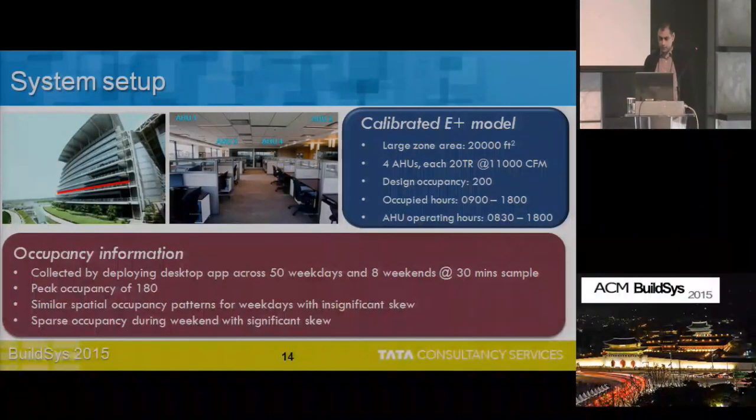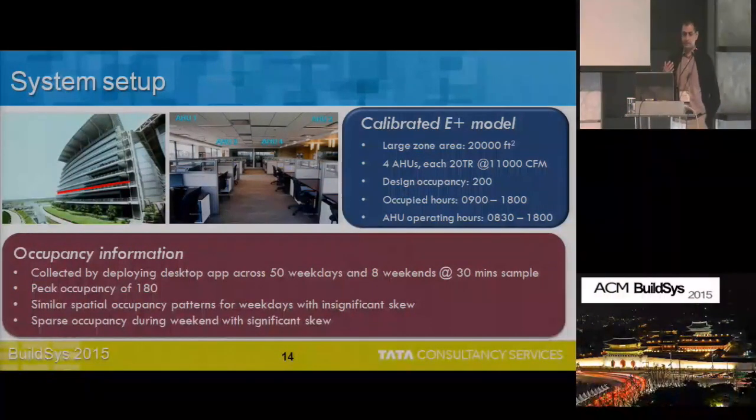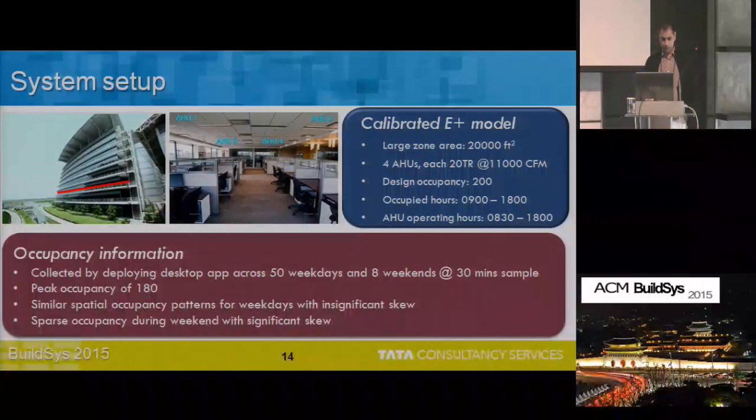Each AHU has a 20-ton capacity and a flow rate of 11,000 CFM. The design occupancy for the floor is 200, and the occupancy hours are typically between 9 to 6 in the evening. As a standard practice, the AHUs are started half an hour before the occupancy is expected.